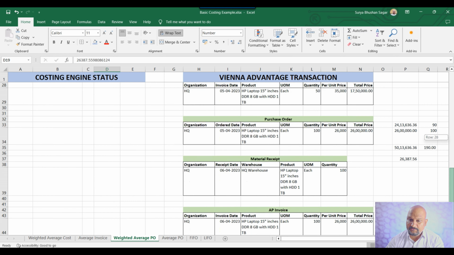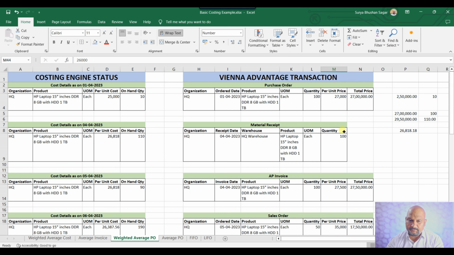After entering the AP invoice, if there is a difference in price, that difference would not be considered by the system. One important thing is that I'm considering everything in the primary unit of measurement and in the base currency. If you have a different or converted unit of measurement, or a different currency at the level of the purchase order, you need to do those conversions to calculate the values.